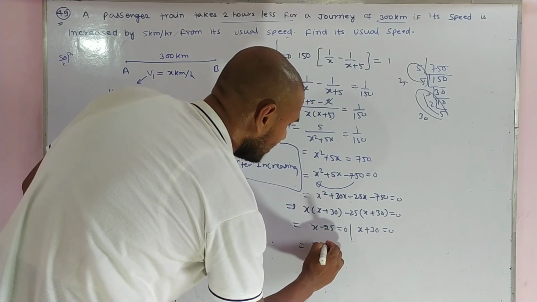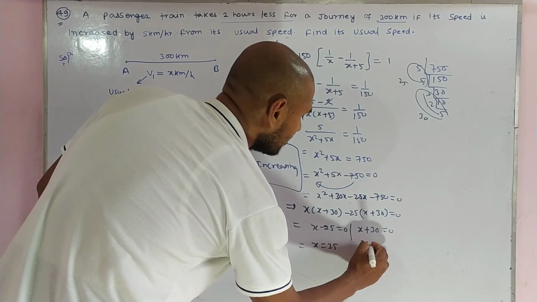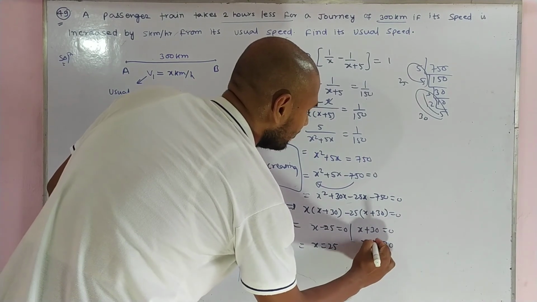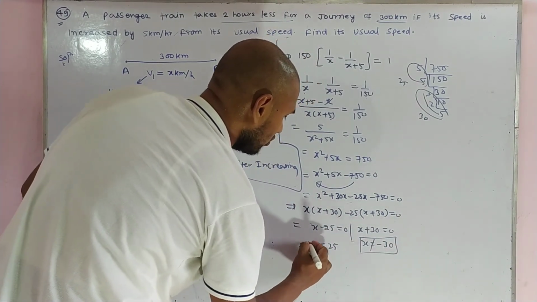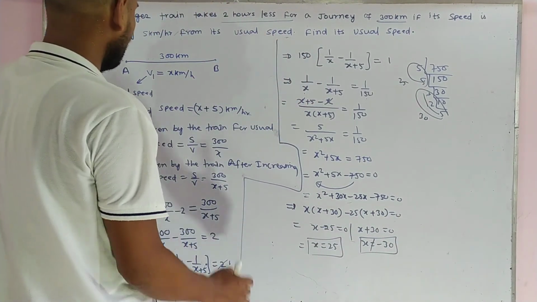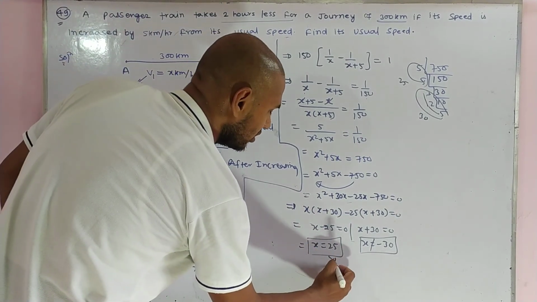So x equals 25 and x equals minus 30. The speed cannot be negative, so our answer is x equals 25.